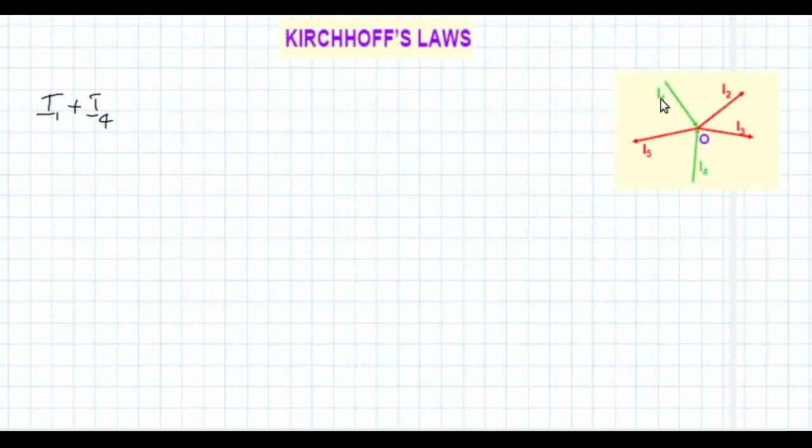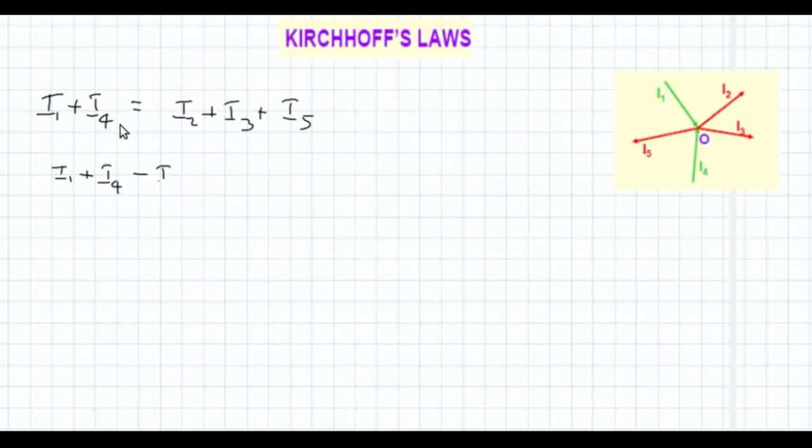Here you can see I1 and I4 are in green color, and these two currents are coming to the point O. So we have altogether 5 conductors where I1 and I4 are coming to the junction O. I2, I3 and I5 are the currents which are leaving the junction O. So we may write I1 plus I4 is equal to I2 plus I3 plus I5, because these two currents are coming to the junction and these three currents are leaving the junction. So current coming to the junction is equal to current leaving the junction.